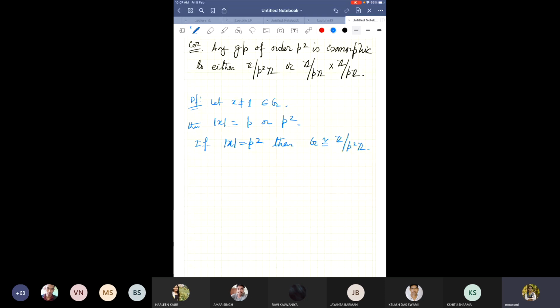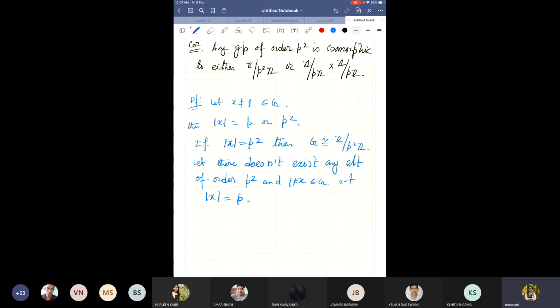Now assume that there does not exist any element of order P square. And X is a non-identity element in G, such that order of X has to be equal to P, right?